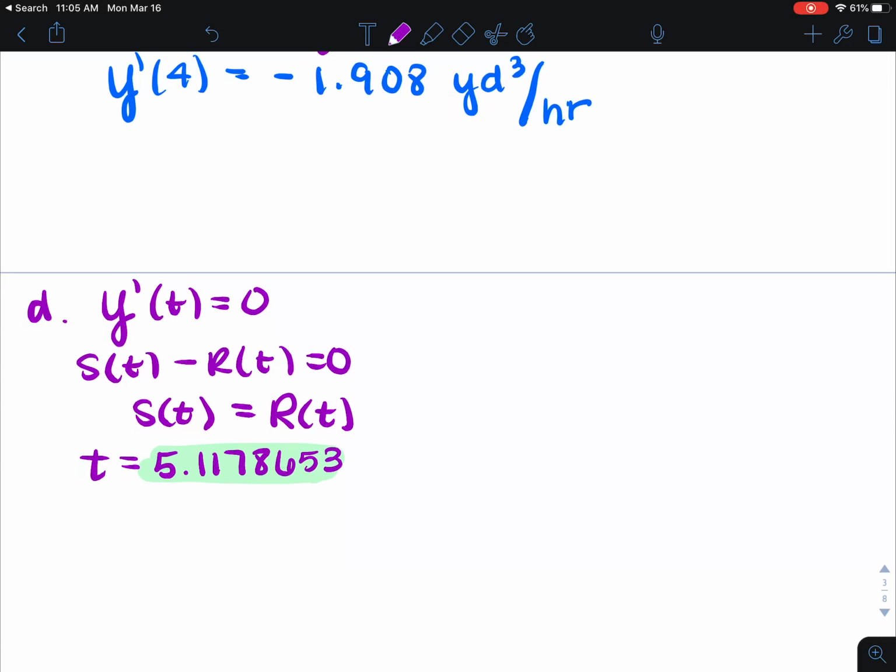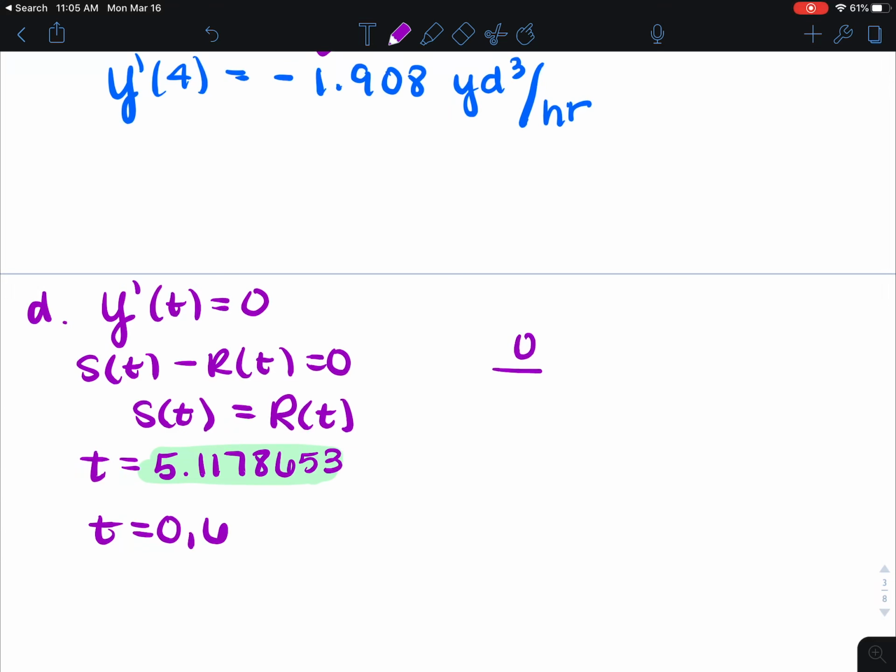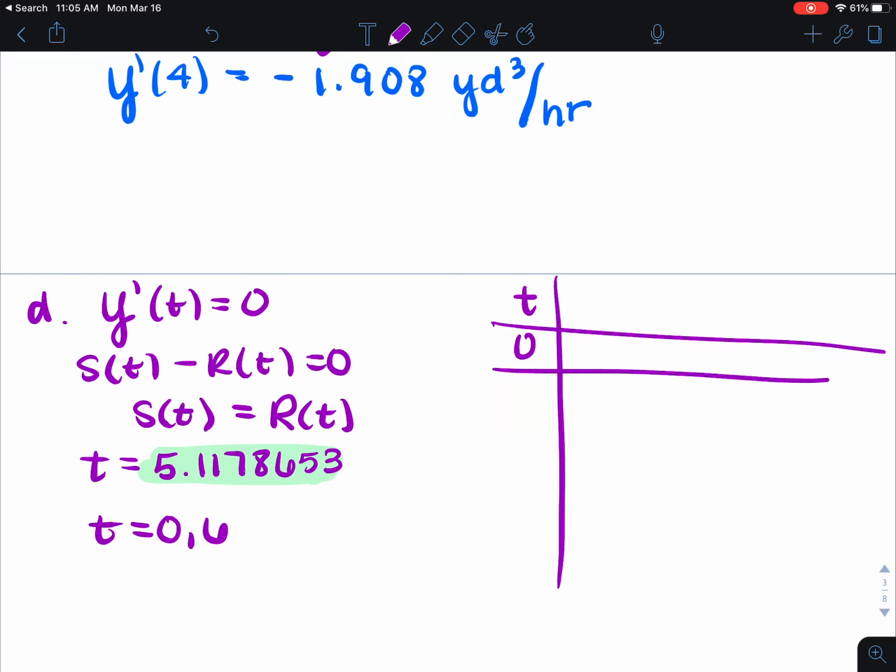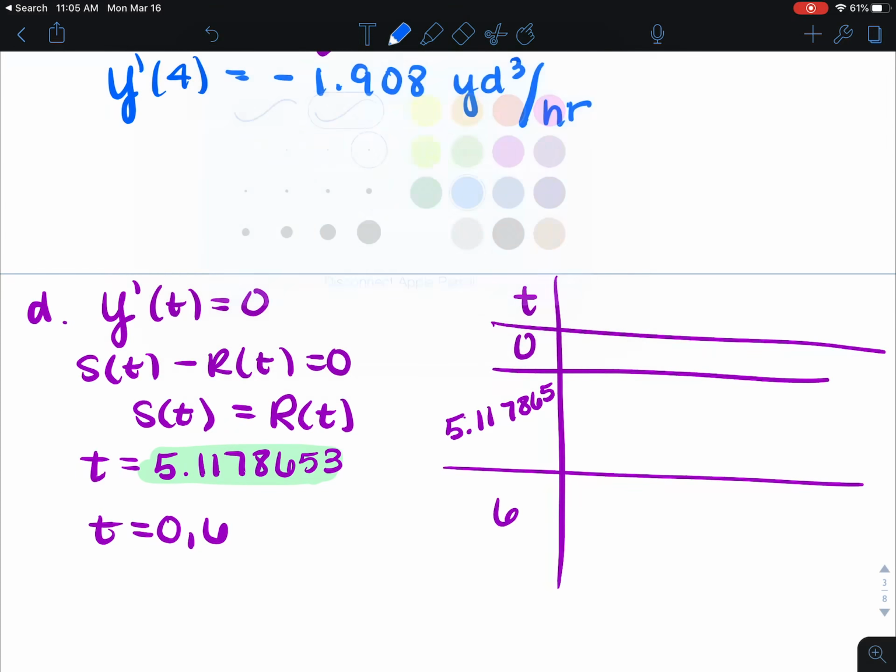So this is where we're going to do EVT. The minimum is going to be at this point or when t equals 0 or 6. And so we need to show consideration of all of those points. So we've got our times over here: 0, 5.117865 and 6. We know at 0 time that we have 2,500 yards of sand. We need to put this into our calculator into the formula up top.